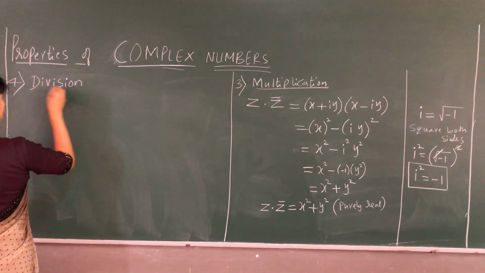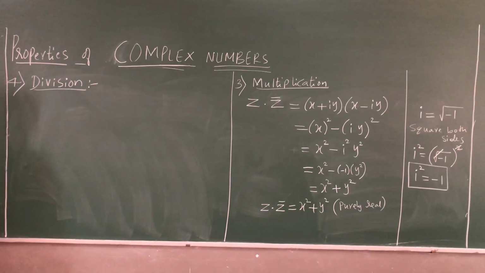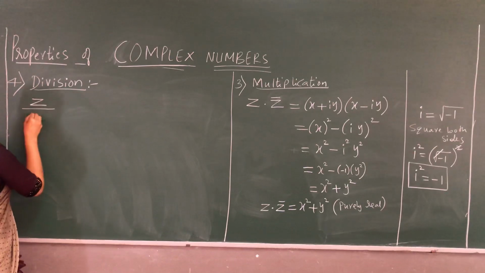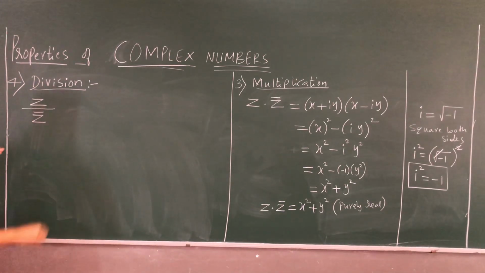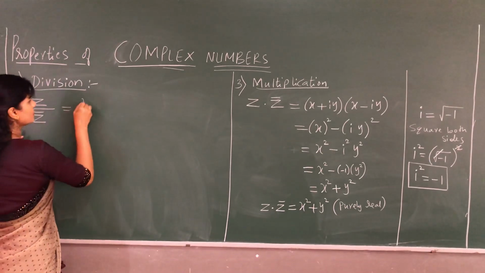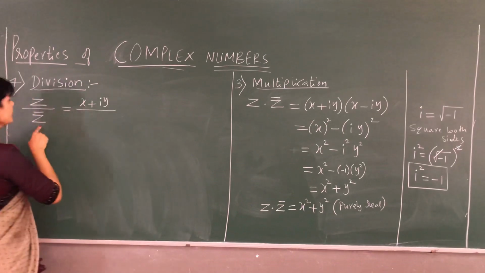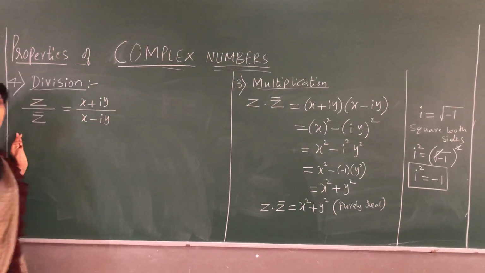Division of conjugates of two complex numbers. See carefully children. Division z upon z bar is our division. z is nothing but x plus iy. z bar is nothing but x minus iy, children.